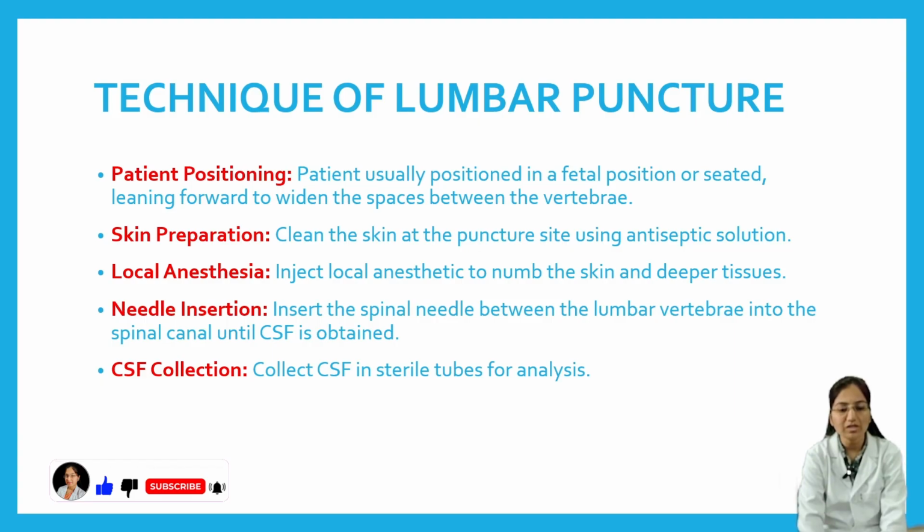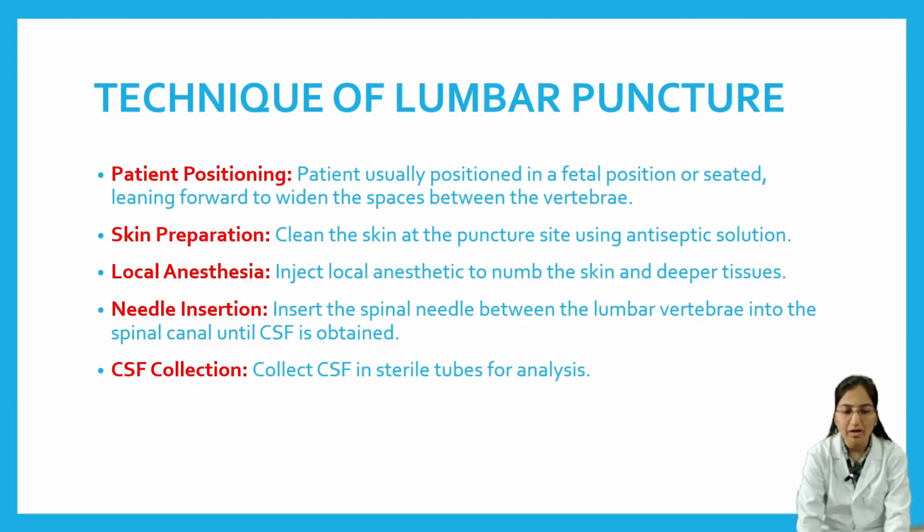And then local anesthesia: inject local anesthetic to numb the skin and deeper tissues. And then needle insertion: here insert the spinal needle between the lumbar vertebra into the spinal canal until CSF is obtained. And then CSF collection: collect CSF in sterile tubes for analysis. These are the techniques they are going to use while doing lumbar puncture.